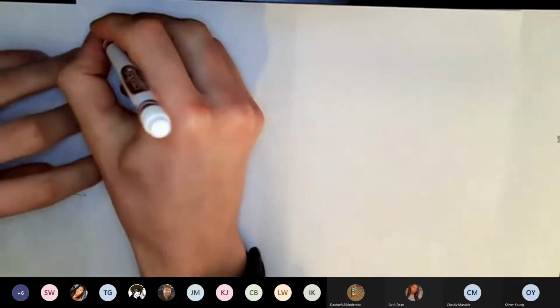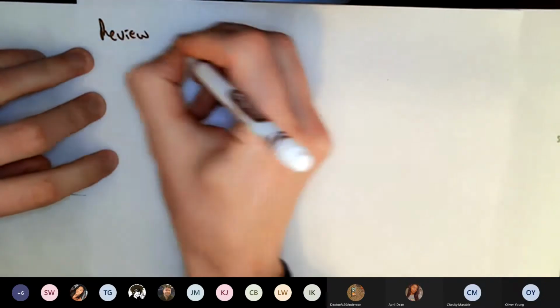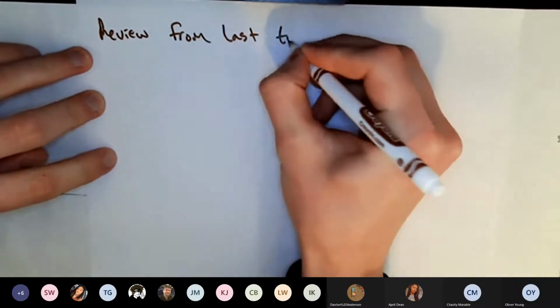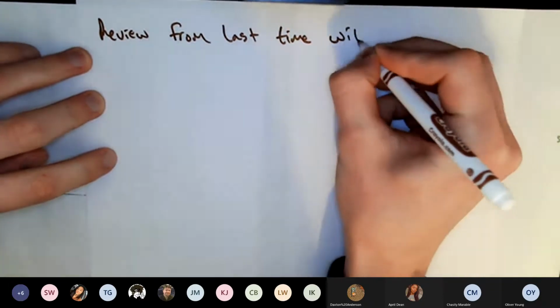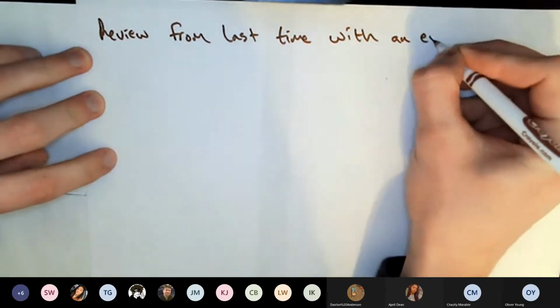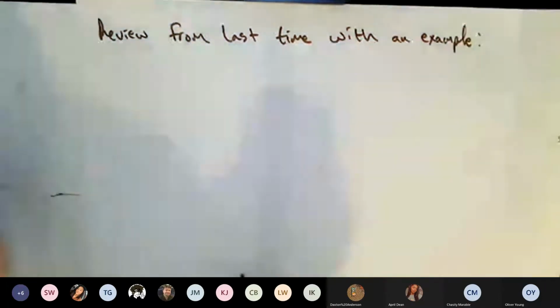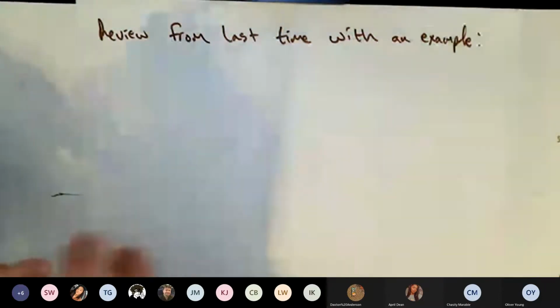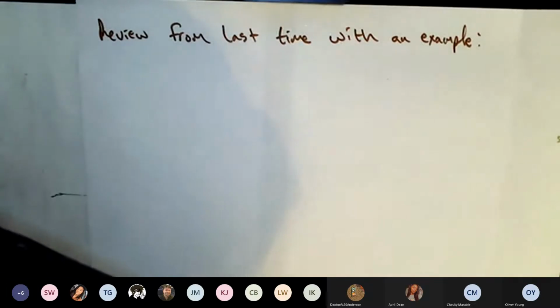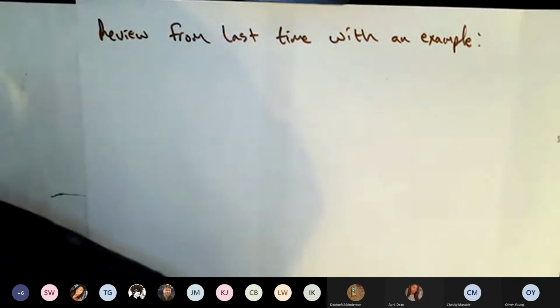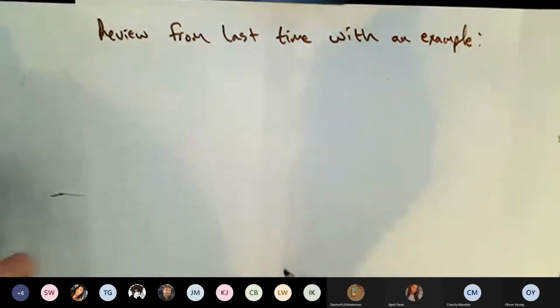So let's just quickly review from last time. Review from last time with an example. I'm not going to number the example because I don't want it to interrupt the indexing, the way I've enumerated the examples in 2.4.